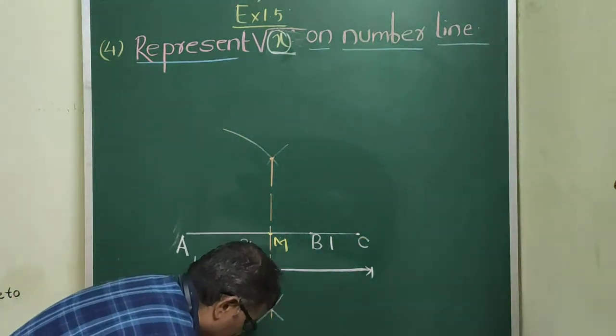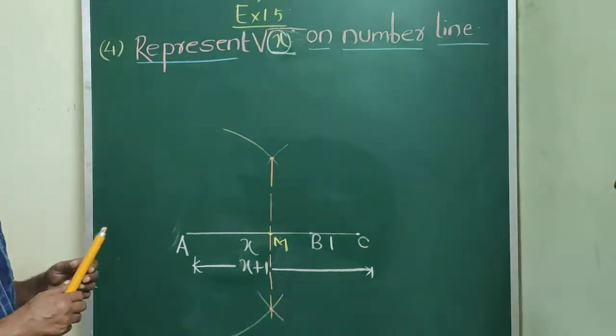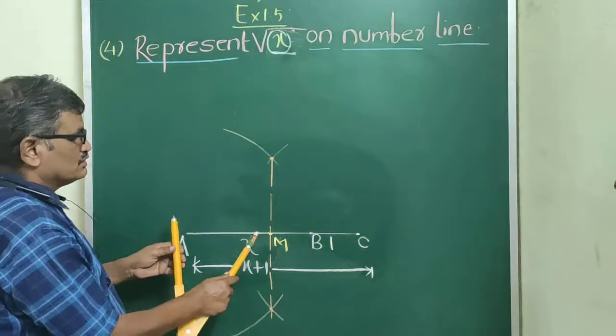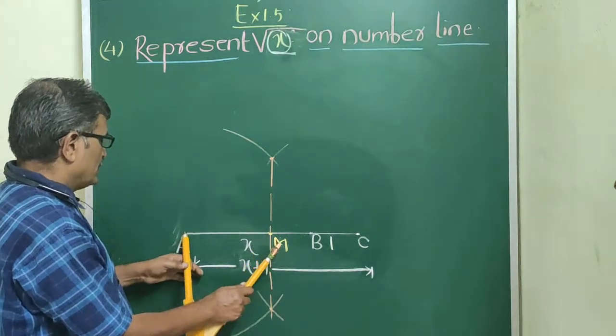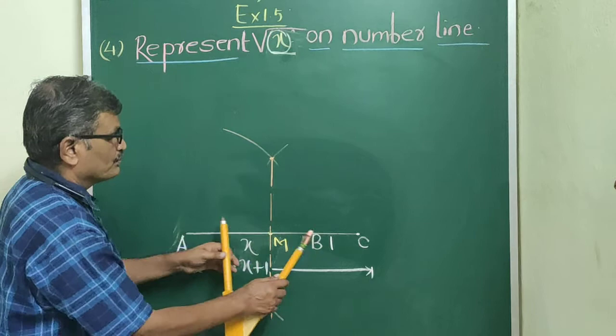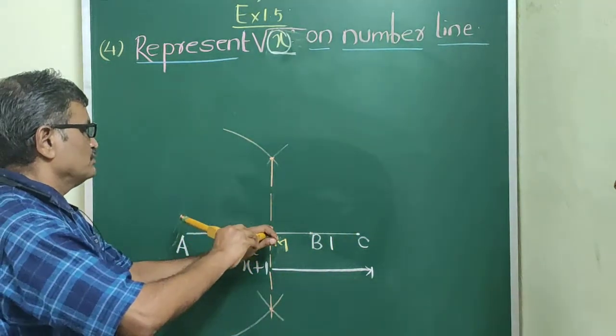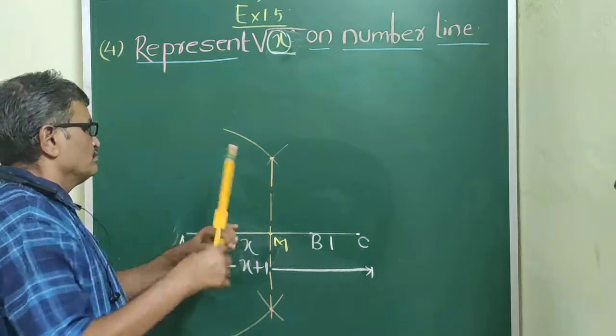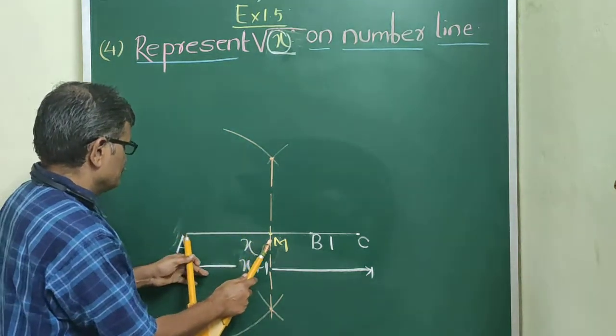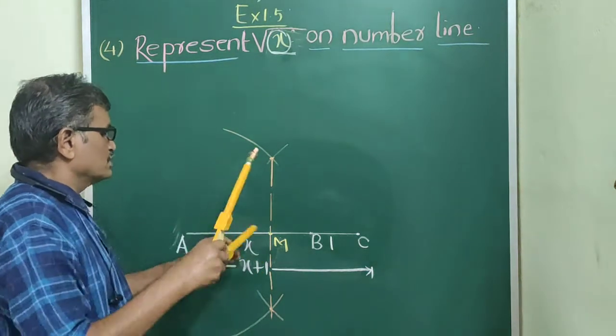So now, once again, with M as center and radius equal to AM, you construct a semicircle.